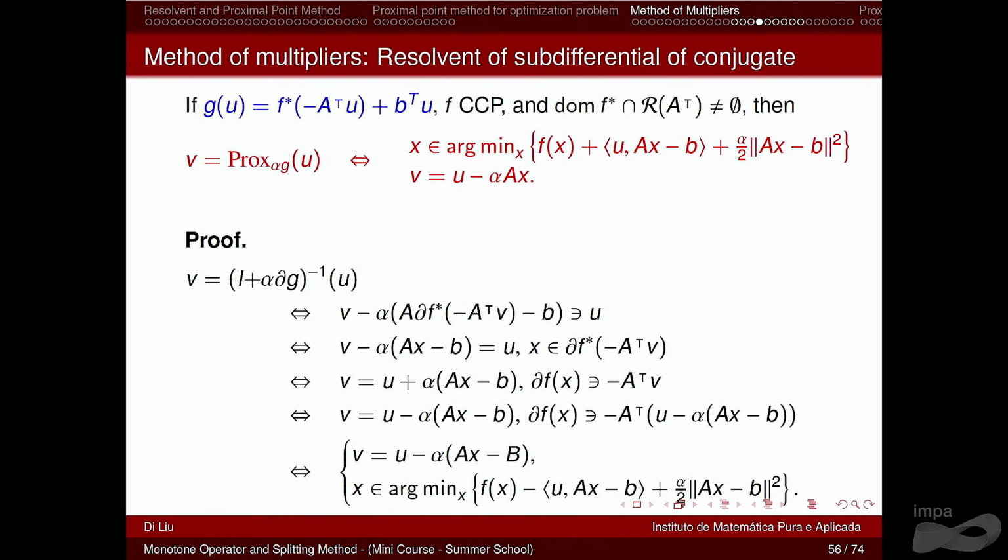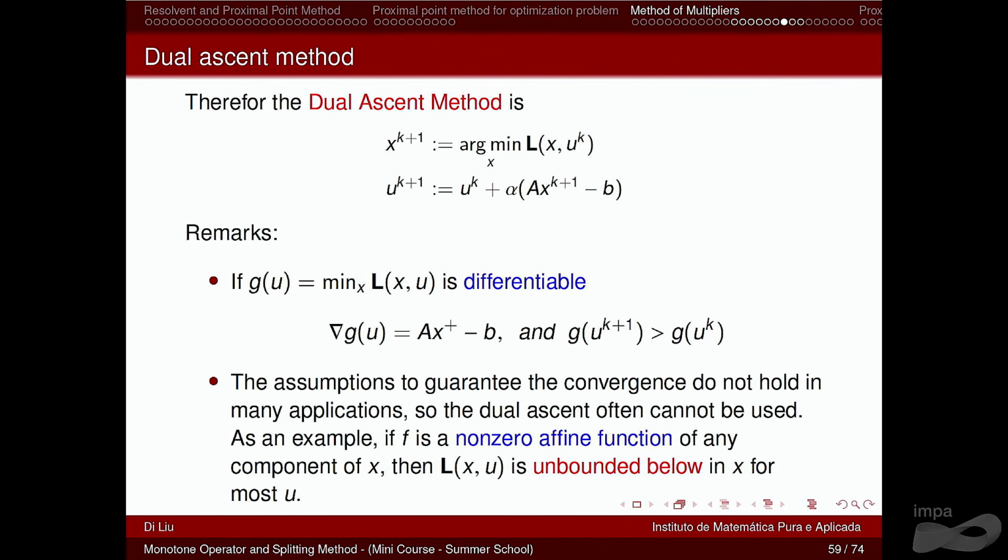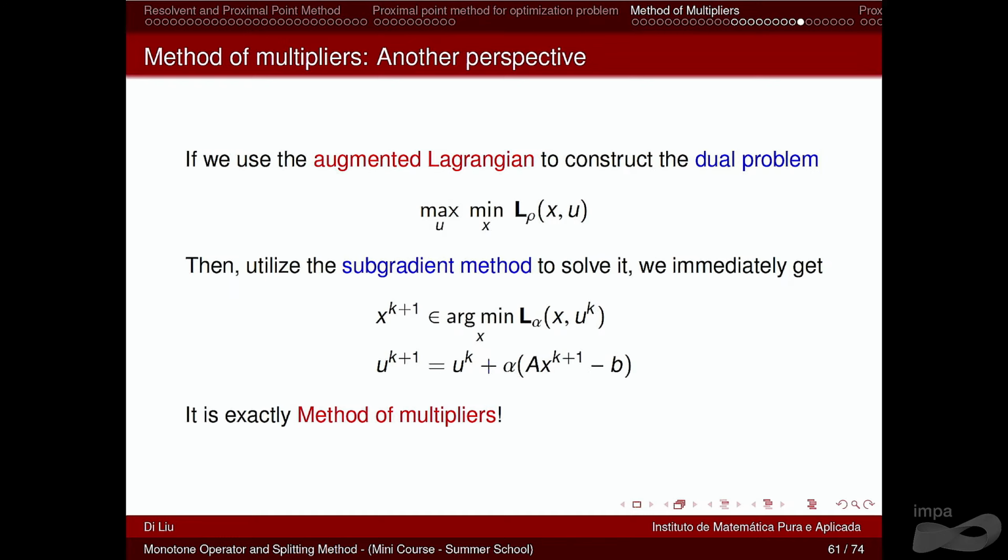Another way, we can use another perspective of the method of multipliers. Since the dual problem of the augmented Lagrangian is always a convex optimization, we can use the subgradient method, okay?